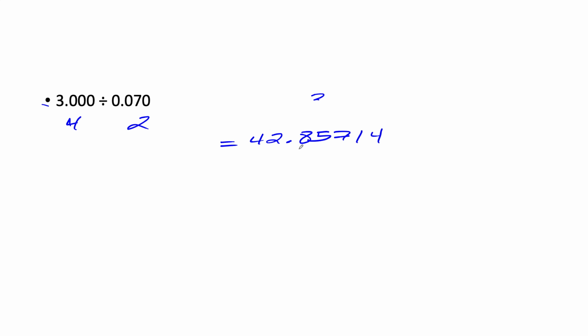Well, how many digits should I need? I have 4 here and 2 here, so 2 dictates, as it's the lowest number of significant figures. So 1, 2, I have to end at the 2. I don't need this, but the number next to the 2 is an 8, so this becomes 43, which is the right answer. If you have any questions over this, please let me know.